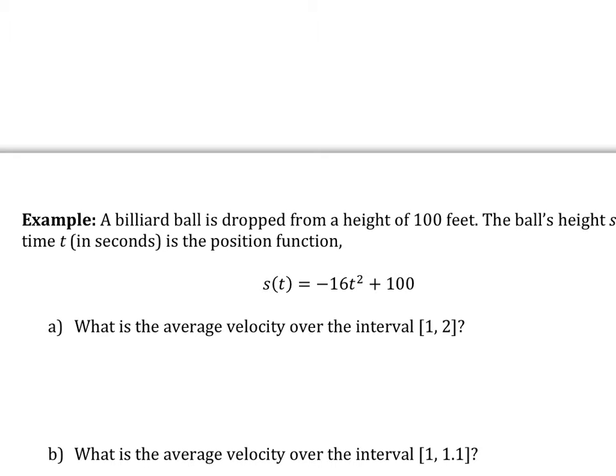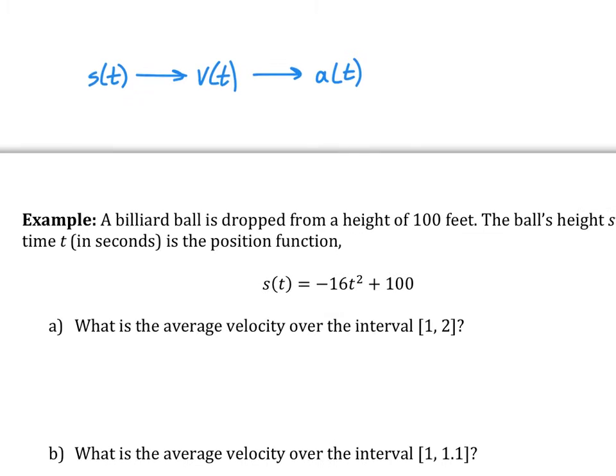Usually when we talk about position, we would say s of t. So s usually means position, or sometimes they say x as well. When we take the derivative with respect to the variable t, we get velocity. And if we take the derivative again, we get acceleration. So we're just differentiating with respect to time.